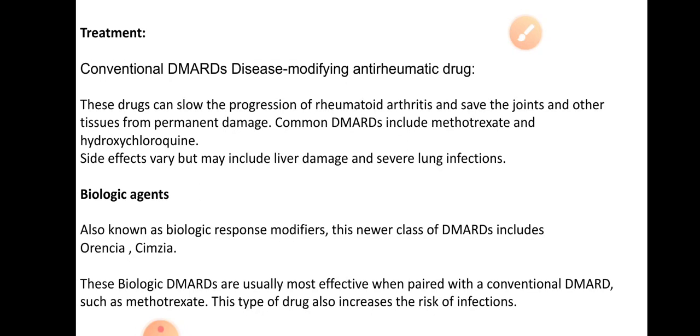Next, biologic agents, also known as biologic response modifiers. This newer class of DMARDs includes Orencia and Cimzia. These biologic DMARDs are usually most effective when paired with a conventional DMARD, such as methotrexate. This type of drug also increases the risk of infections. So these are the medications in rheumatoid arthritis.